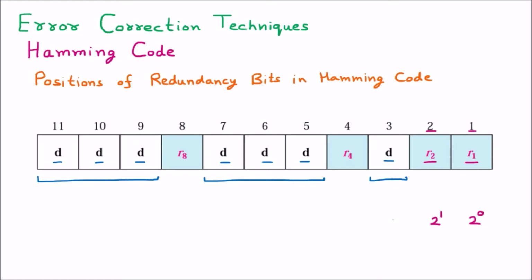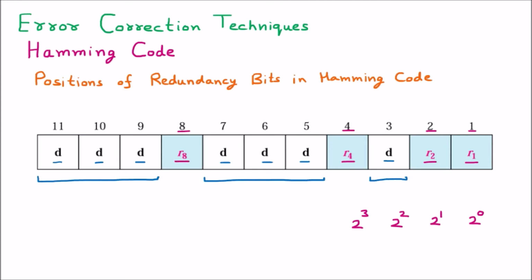Afterward we have 2 raised to the power 2, which is 4. So at the fourth position we have placed a redundancy bit, that's why its name is R4. Then afterward we have 2 to the power 3, which is 8. At the 8th position we have placed a redundancy bit, so this is R8.